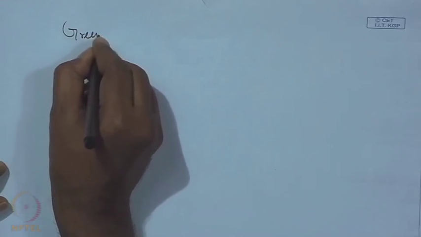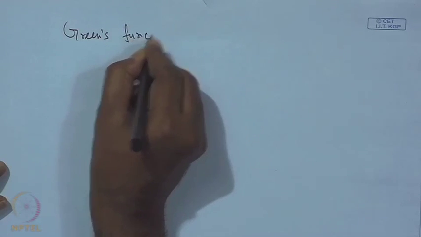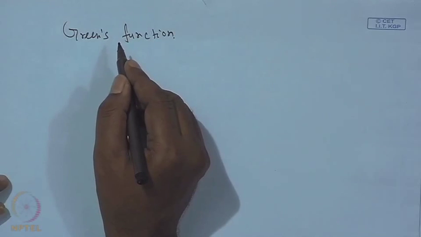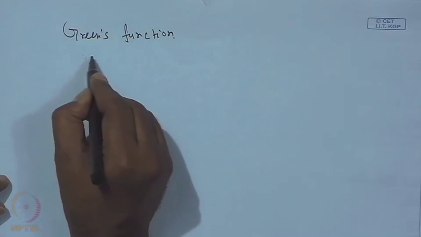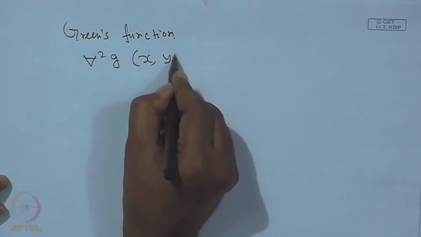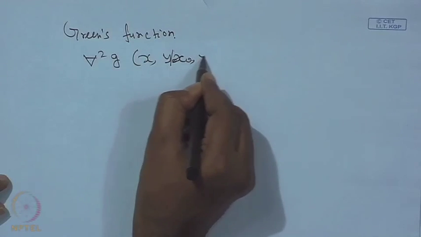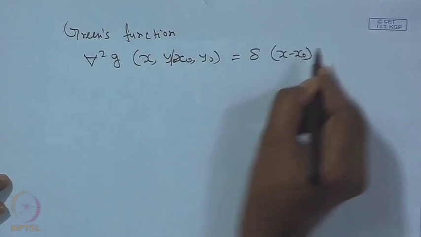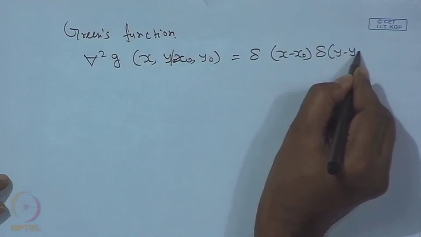Then the corresponding Green's function can be written as grad square g of x, y, x naught, y naught is equal to delta x minus x naught, delta y minus y naught.